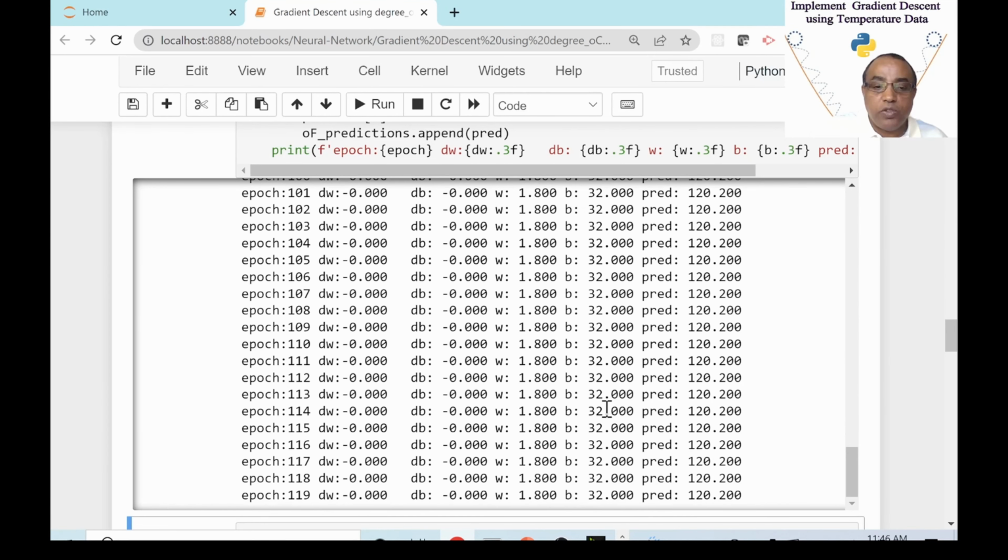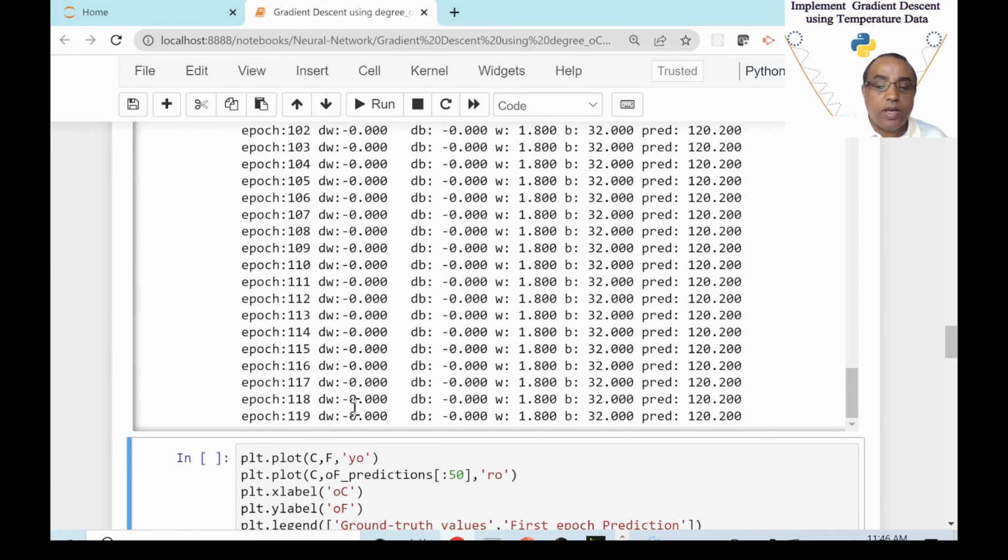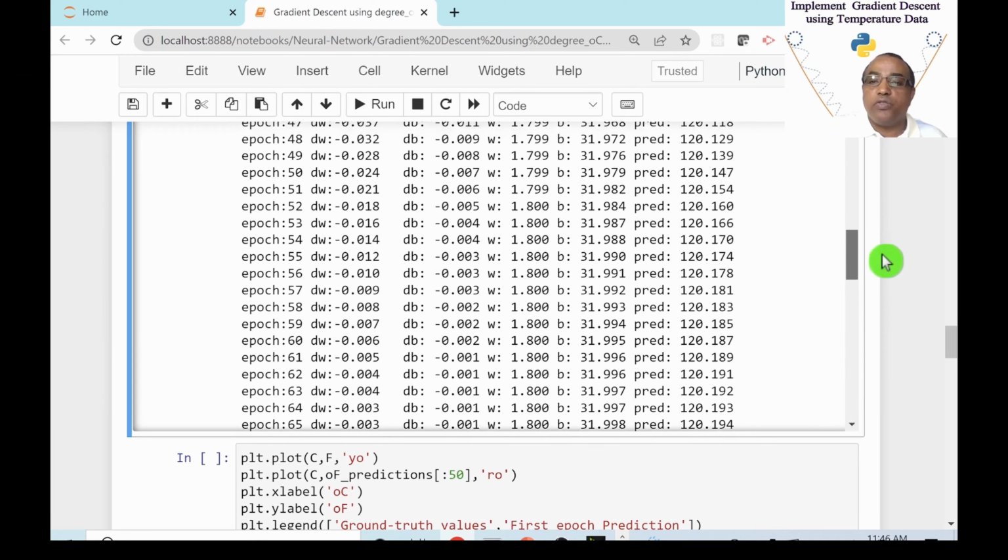So this is the right position. If you look at the last iteration, pretty much the gradients are 0. The value of the slope is 1.8, and the y-intercept is B 32. So you got the right solution here. Okay, so this is the right position for the outer loop.